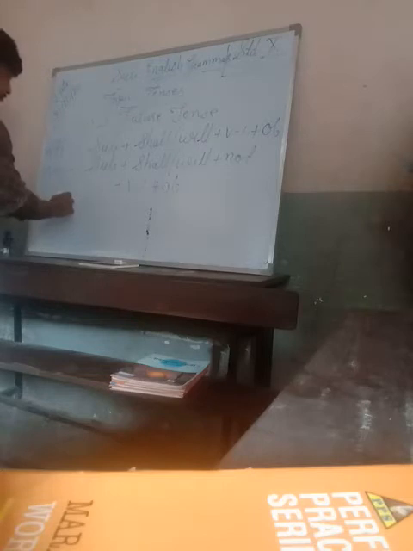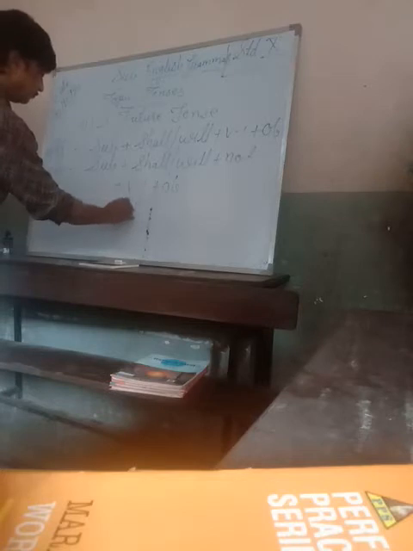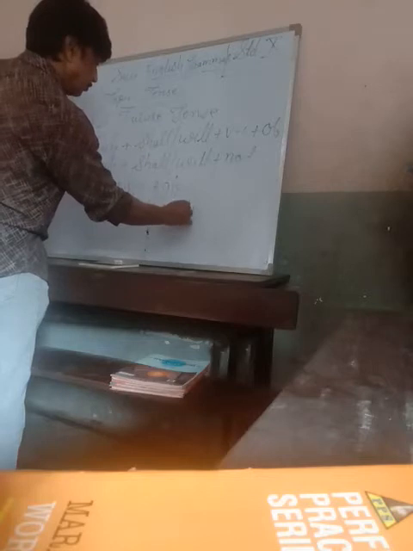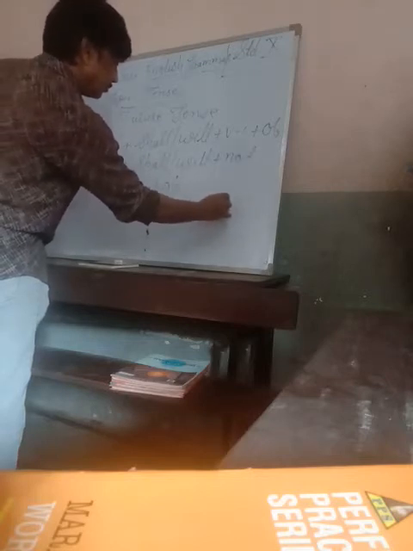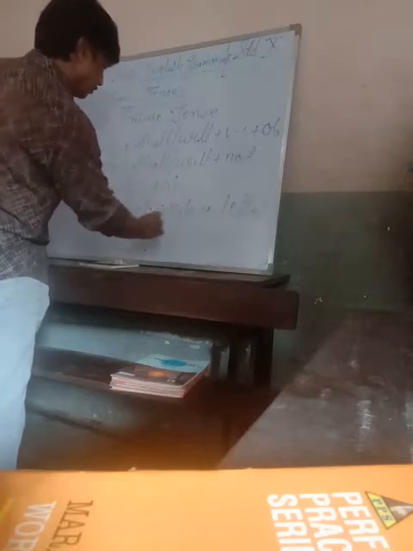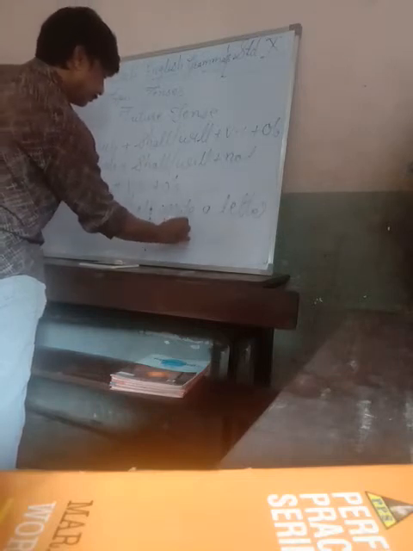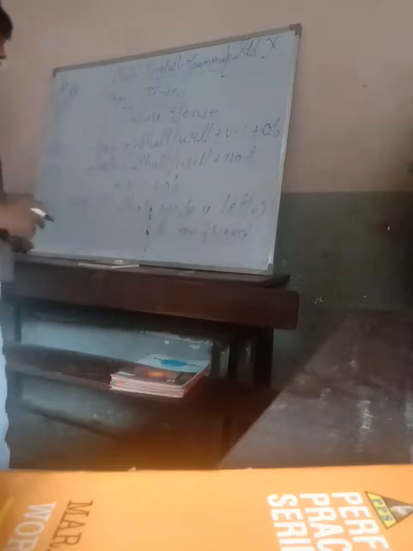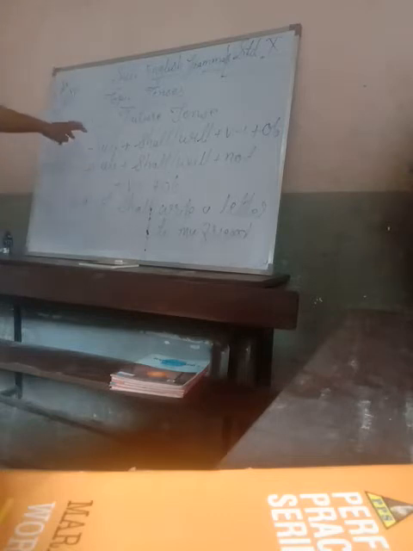To make it more clear, we have to take some examples. I shall write a letter to my friend. Here you can see all the words in the sentence are according to formula number 1.